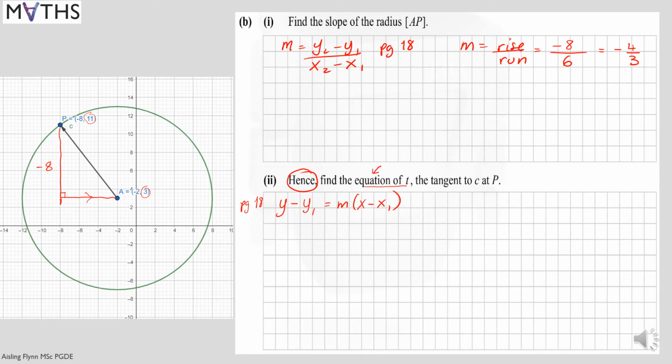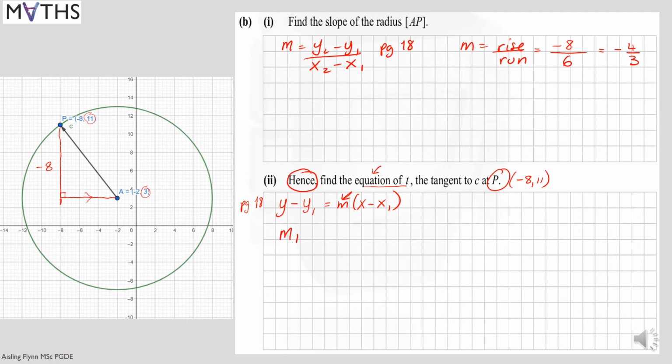To find the equation of T, we need a point on T, which is P, that'll be minus 8, 11, but we also need the slope of T. We've learned that a tangent is perpendicular to the radius at the point of contact. So that's where part 1 leads into part 2, and that's the reason for this word hence.